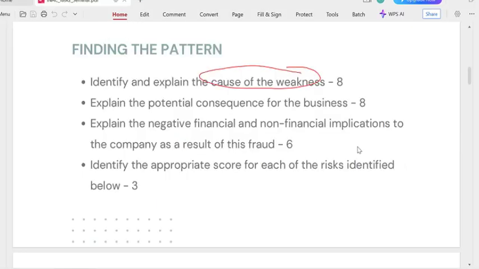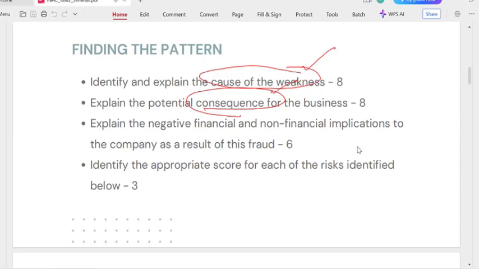So we have the question, identify and explain the cause of the weakness. And we have explain the potential consequences for the business. It means we need to identify the weakness, and then we need to learn how we can find out the consequences for the business.